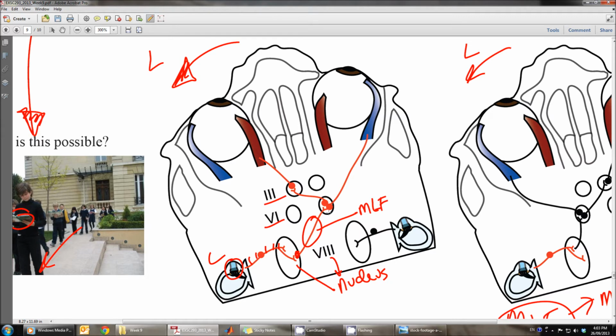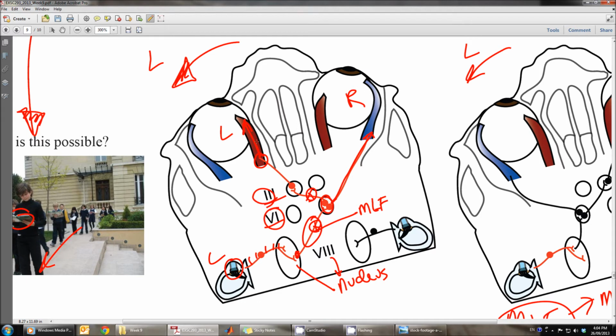So that links the vestibular nuclei to the cranial nuclei, and because the 6 and 3 nucleus is coupled on the opposite side, it activates the abducens nucleus on the opposite side, which is the right eye, and it crosses over to the other side, so it double crosses here, and it activates the left side of the oculomotor nucleus, which contracts the adductor medial rectus and lateral rectus for the right eye.